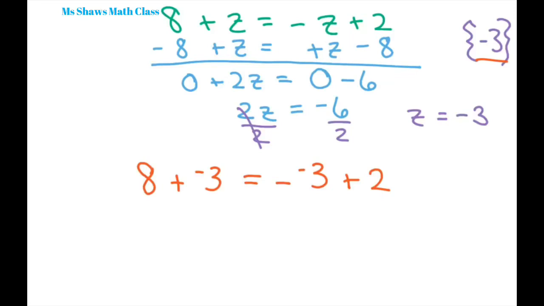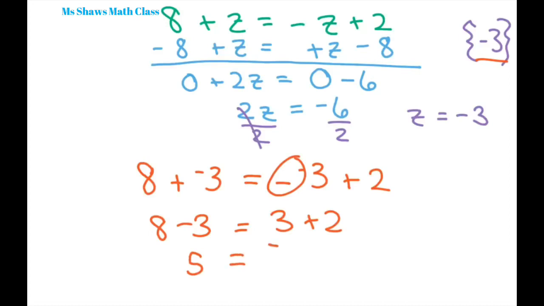So this turns out to be 8 minus 3. And 2 negatives here mean it's a positive. So that's 3 plus 2. So we get 8 minus 3 is 5. 3 plus 2 is 5. So that checks out because we were checking to see if each side equals each other. So our solution set is negative 3.